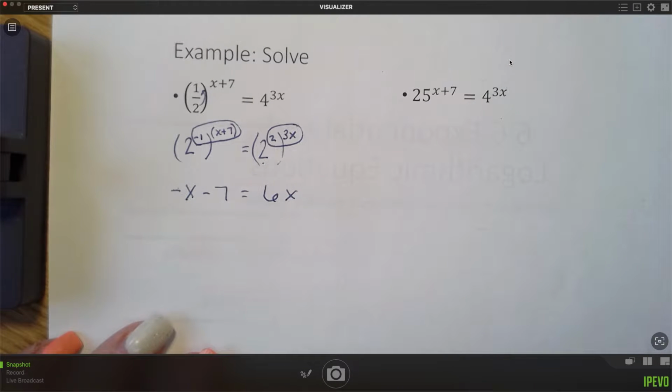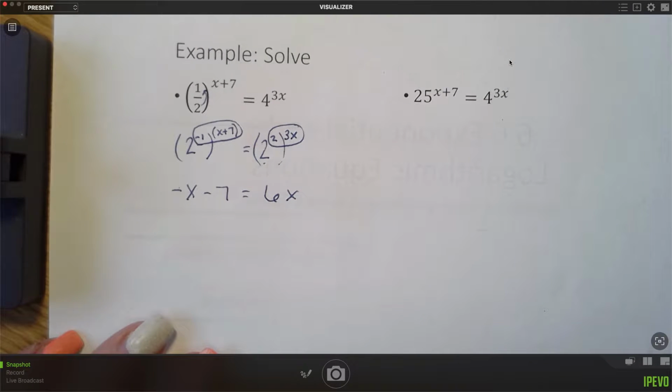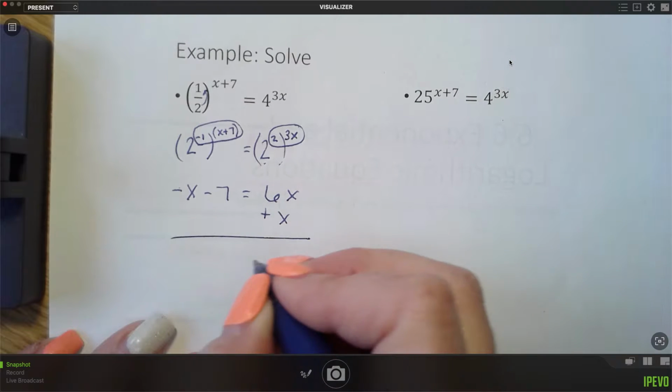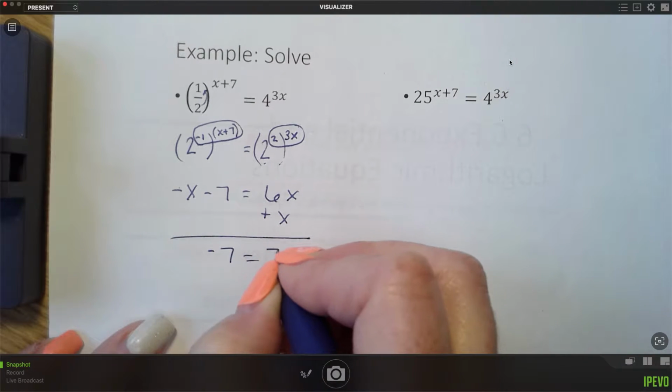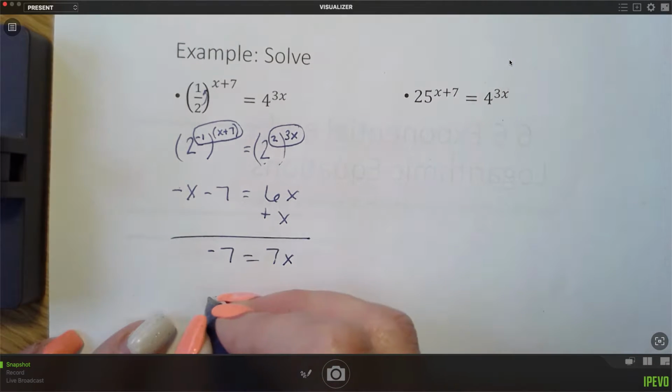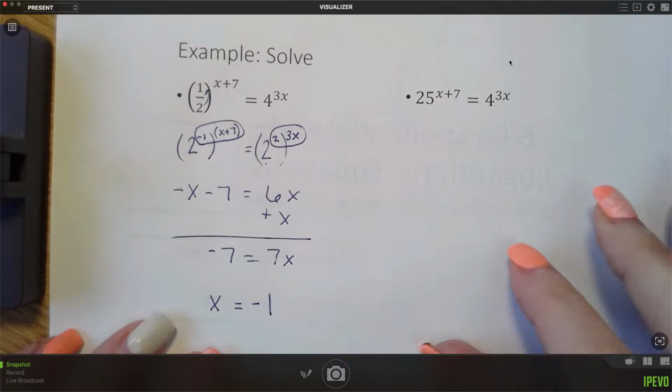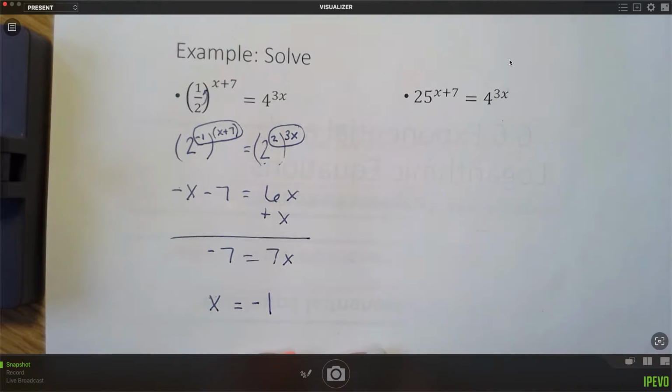Then I have a basic algebra problem, right? What do I do next? Add the x. So -7 equals 7x. So x equals -1. You good? Okay.